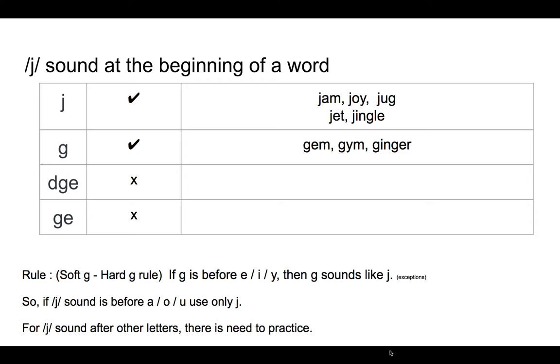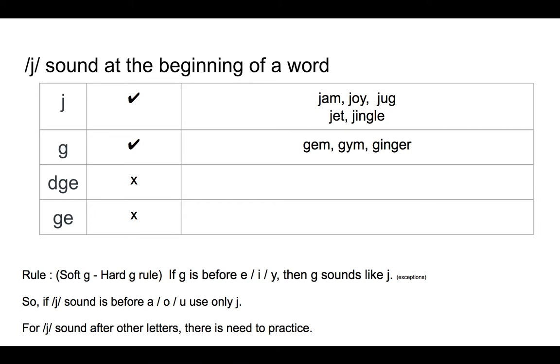J sound at the beginning of a word. At the beginning of a word, the trigraph and digraph are never used for the J sound. So it should be the letter J or the letter G. We have a rule of the soft G and hard G. That is, if G is before the vowels E, I or Y, then G sounds like the letter J. So it has a soft sound J instead of the hard G sound.